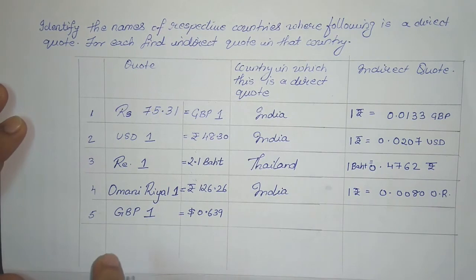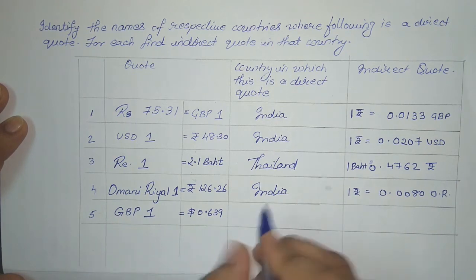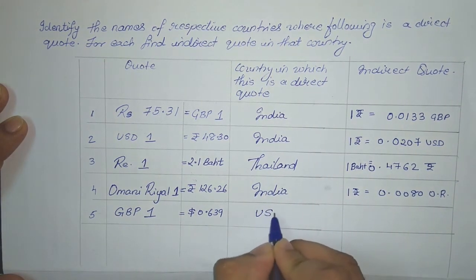We jumped on to the fifth example. 1 Great Britain pound is equal to $0.639. Again, base currency is Great Britain pound, so the opposite to that is dollars. Dollar represents USA.